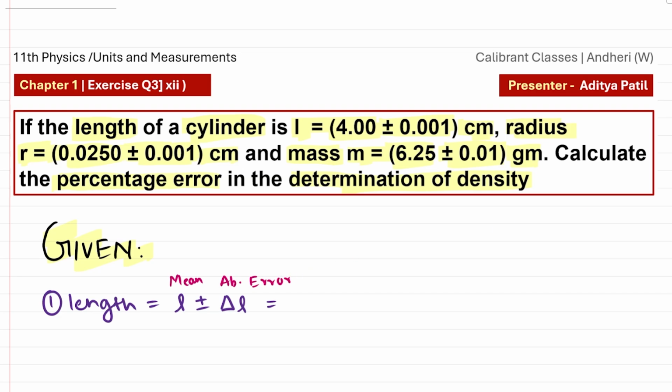In this format our measurements are given, where L is 4.00 and the absolute error in length is plus minus 0.001, and the measurements are done in centimeters.